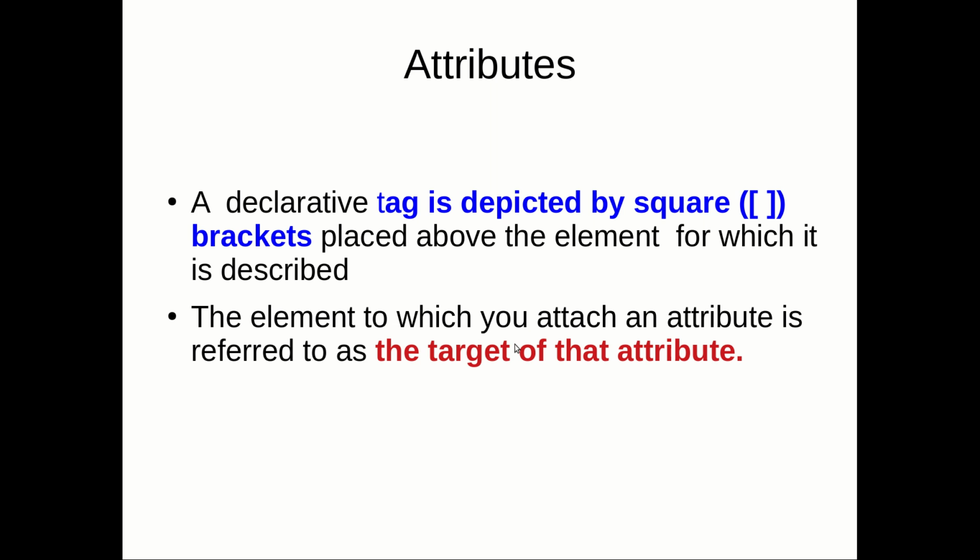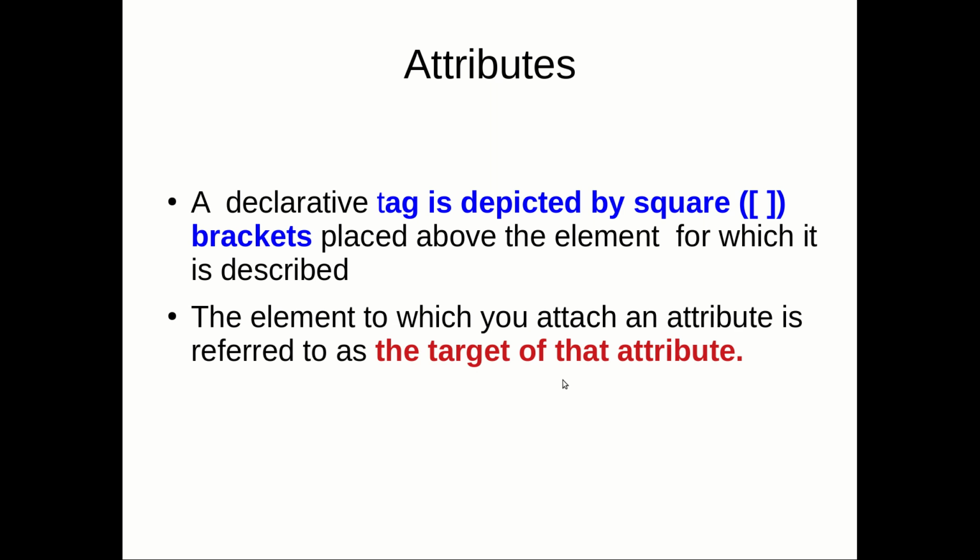So the element to which you attach an attribute is called the target of that attribute. Suppose you are going to use a method for defining an attribute, then the method becomes the target of that particular attribute. Or if you are going to use a class for which an attribute is defined, then you can call it the target of that particular attribute.